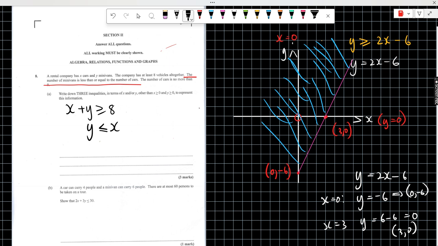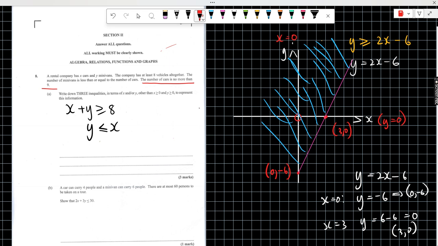Yes, sir. The last statement that is of importance says the number of cars is no more than 9. So again, give me a similar expression for no more than. What does no more than imply? At most.